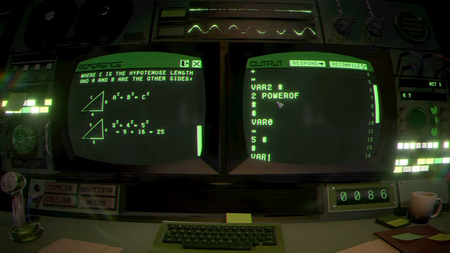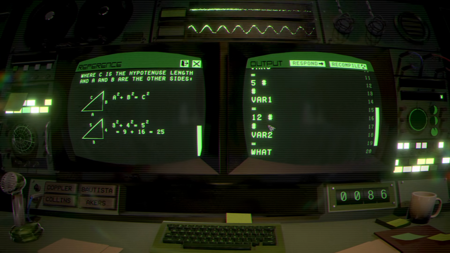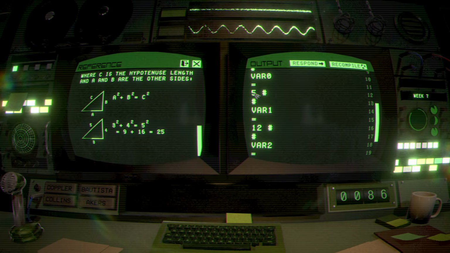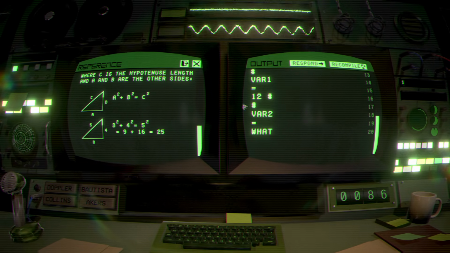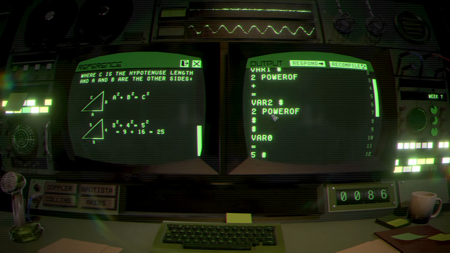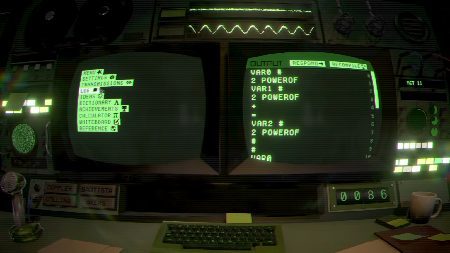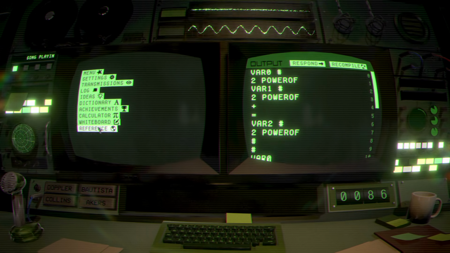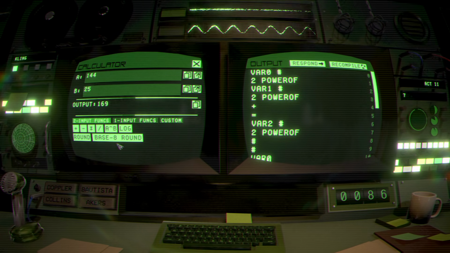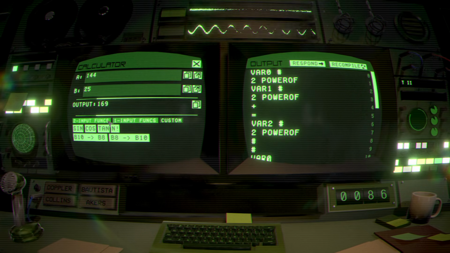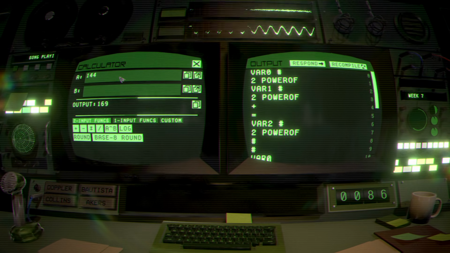A squared plus B squared. 5 squared, 25, plus B squared, 144. Oh, sorry. We need the 169, but we need the square root of it. Is that right?